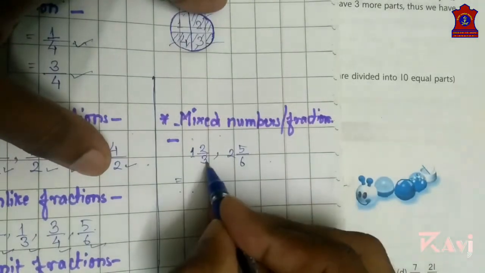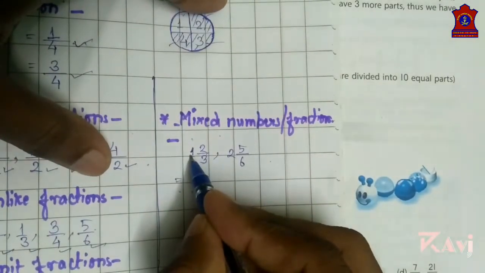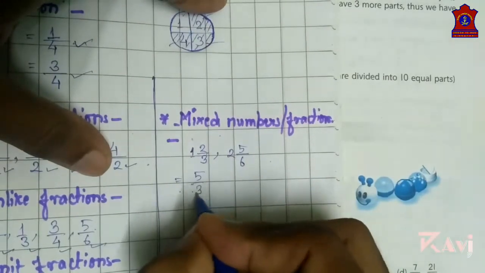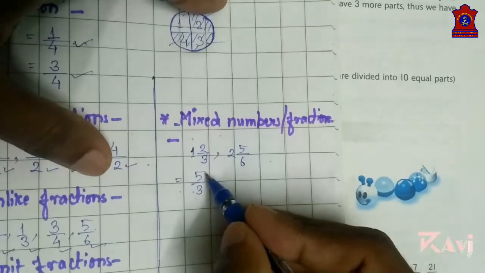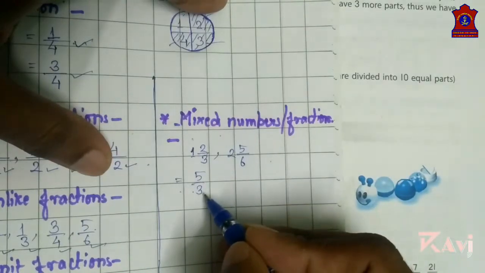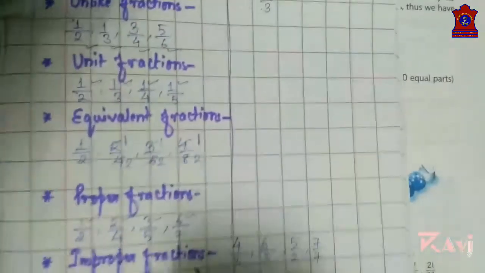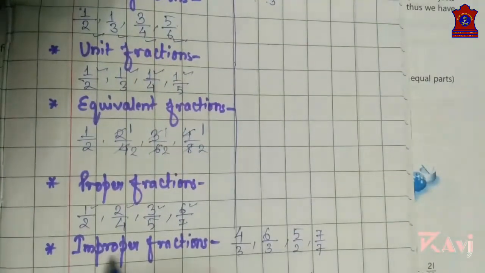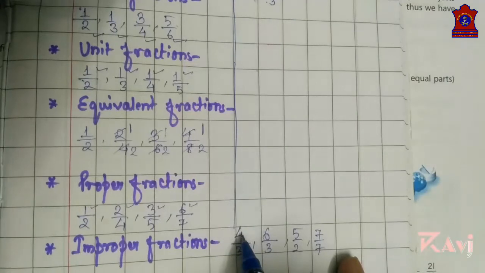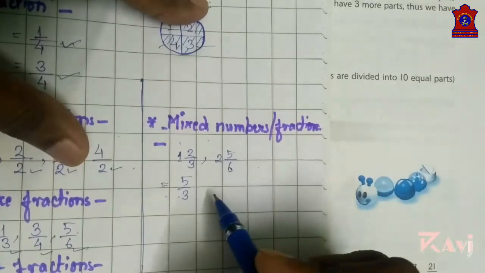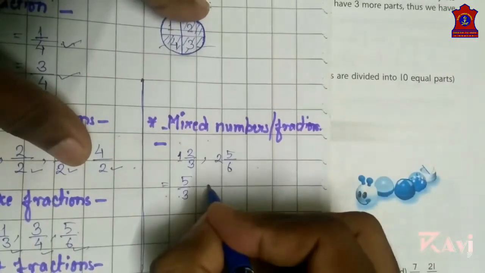See how? 3 1s are 3 plus 2, 5 by 3. Here see, the numerator is greater than the denominator. So we call this an improper fraction. So mixed numbers or fractions can be converted into improper fractions.